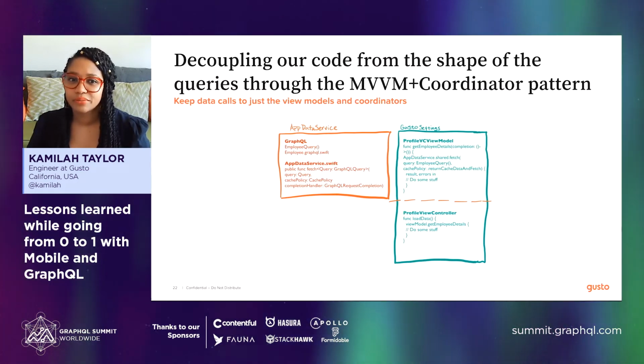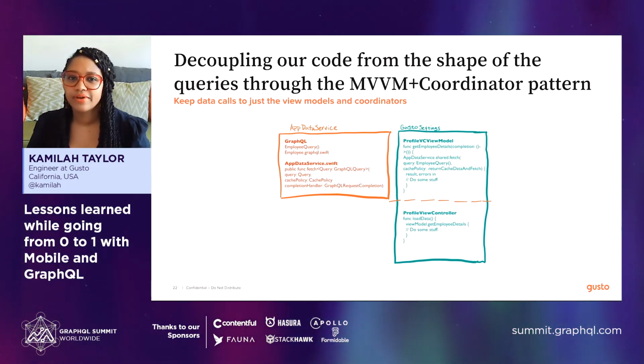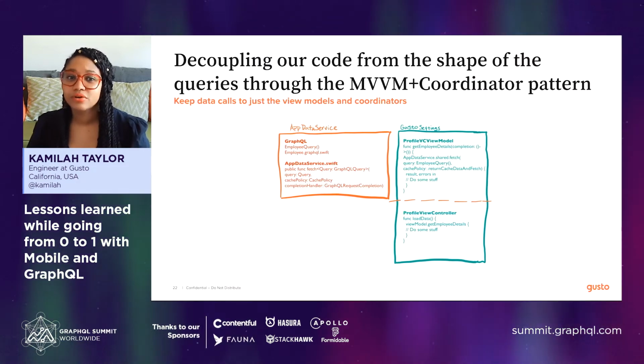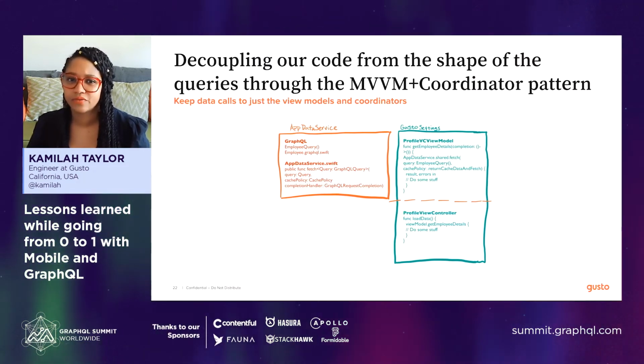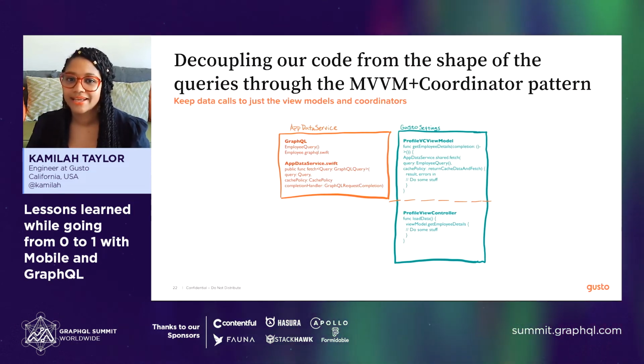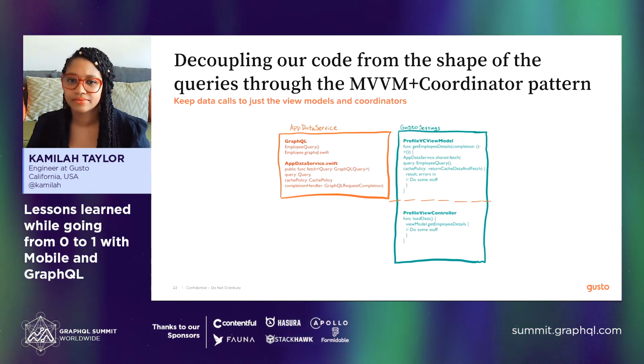Over in feature framework land, our profile view controller wants to load data that would be returned from the employee query. We have our view model make the request to the data service for data. In this case, we'd like to get employee details. Get employee details then goes to app data service, calls fetch, and gets that raw value back.